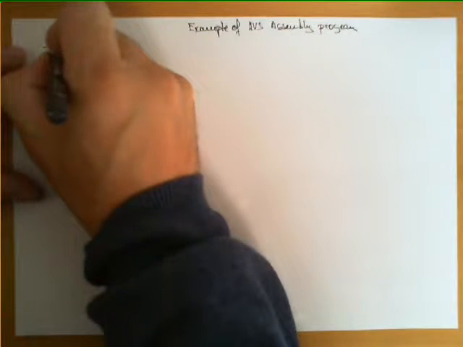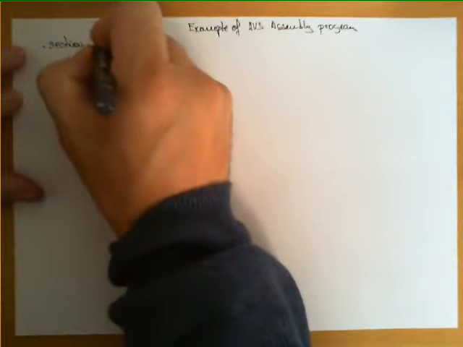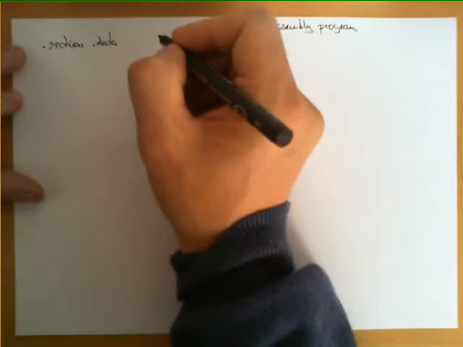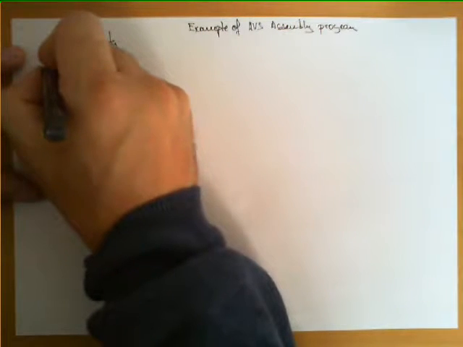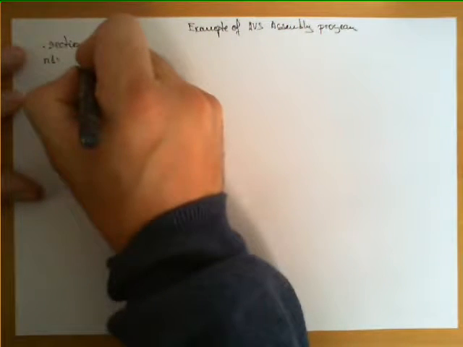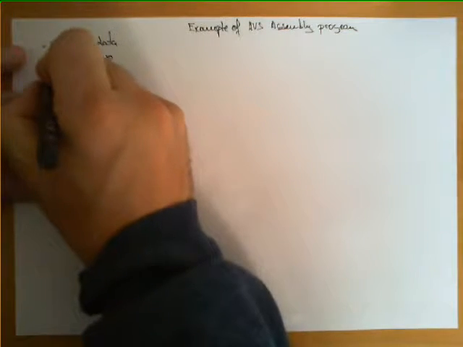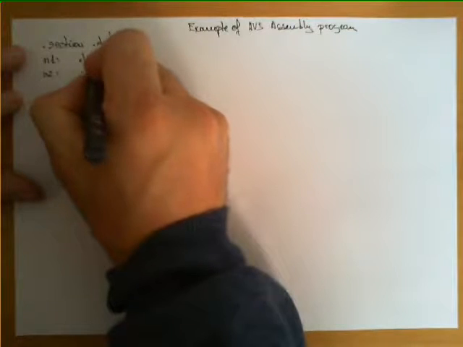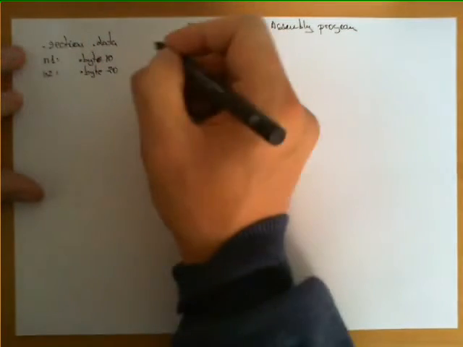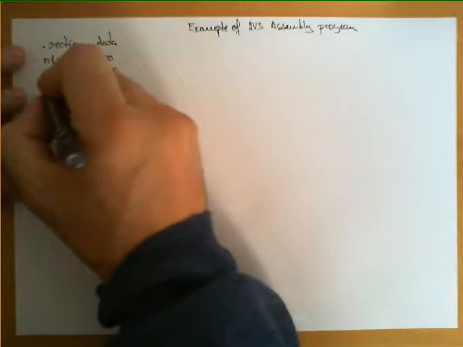So let's assume we start our section defining 4 integers. Let's use the labels n1, .byte 10, n2, .byte 20. Remember that these initialize 1 byte to 10 and 20 respectively.